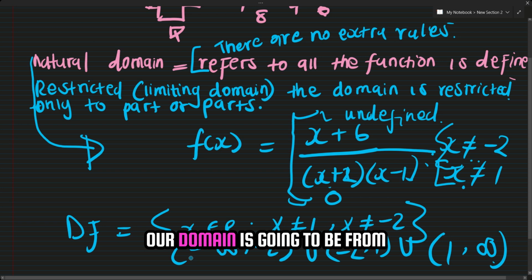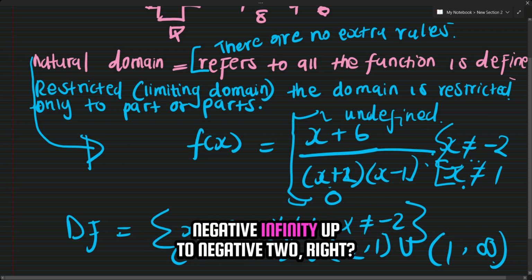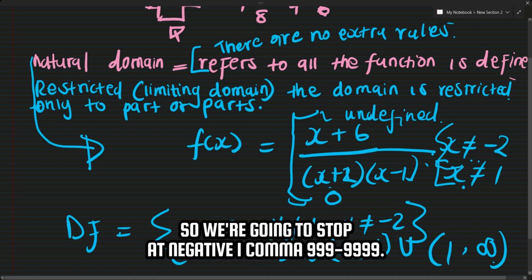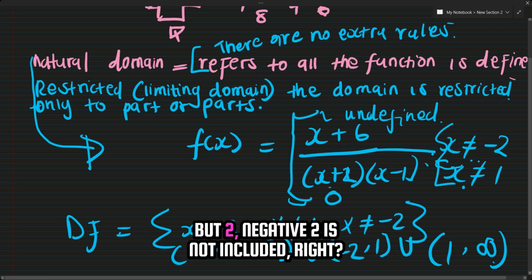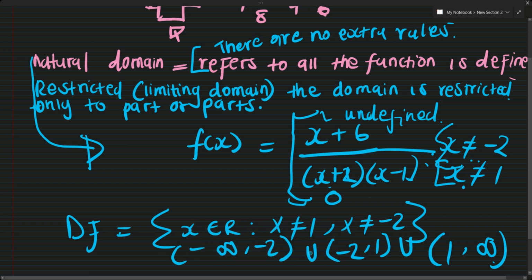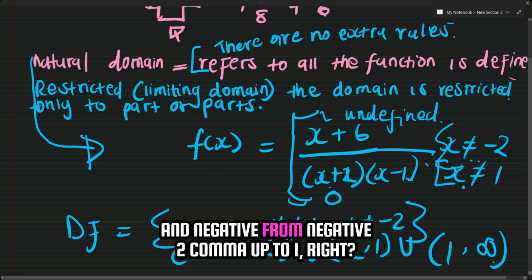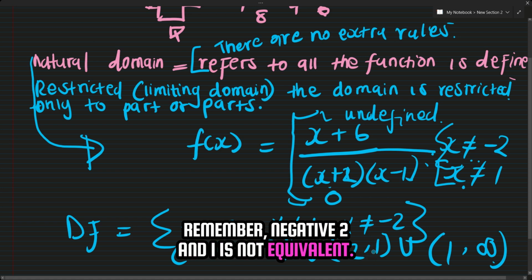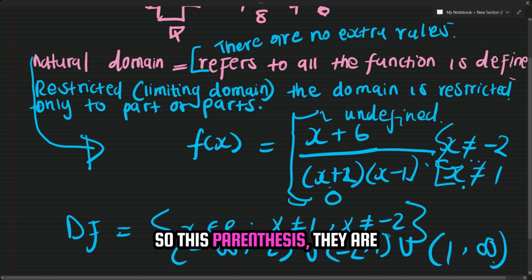Our domain is going to be from negative infinity up to negative 2, right? But remember negative 2 is not included, so we're going to stop at negative 1.9999999, right? And then from negative 2 up to 1, right? Remember negative 2 and 1 are not included. So these parentheses are very important, right?